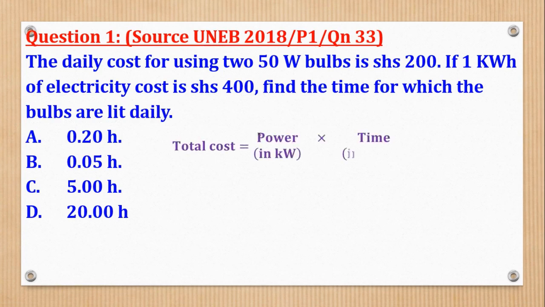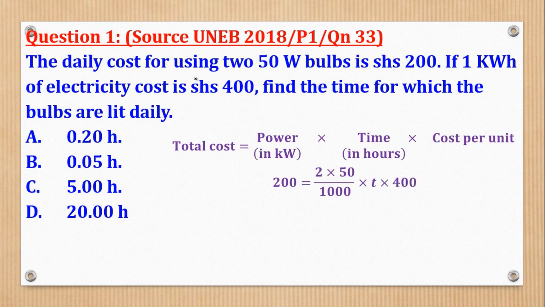First of all, we shall quote the formula. Total cost is equal to power in kilowatts times time in hours times cost per unit. Then we shall substitute. They said the cost is shillings 200, so I shall put that under cost.